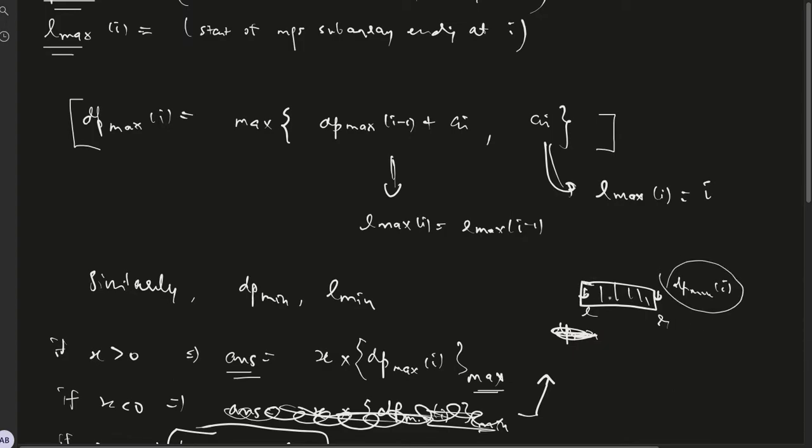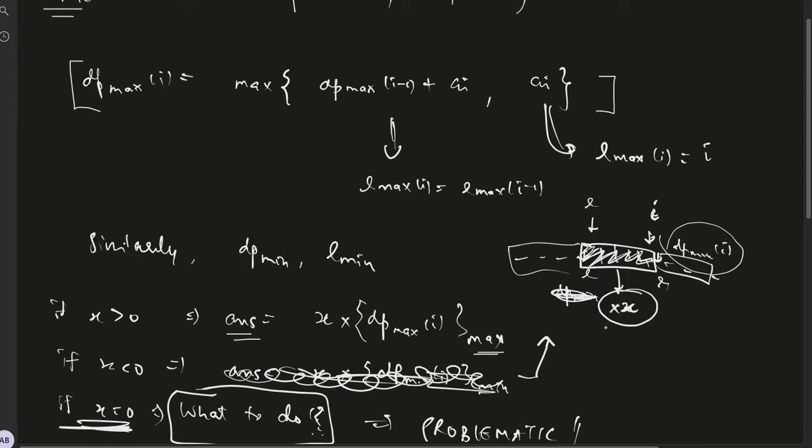Let's say it is the subarray ending at i and having l min equal to L. So this is the subarray under consideration, and all these subarray elements would be multiplied by x. Now, after this operation has been done, we calculate the maximum possible sum subarray on this modified array.